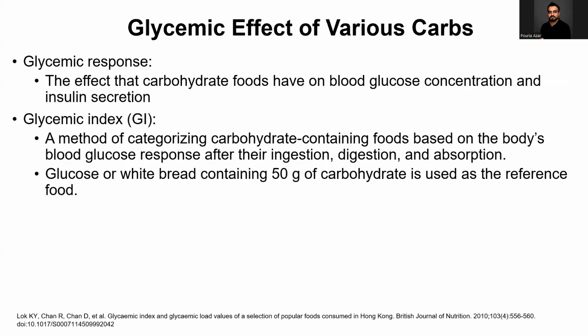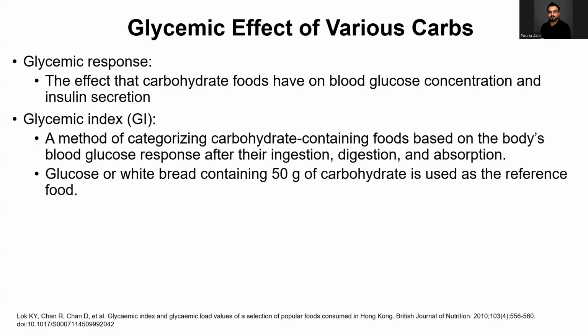There was a table on monosaccharides, and we had glycemic index for different monosaccharides. I said I will explain it later. So here it is. Glycemic index is a method of categorizing carbohydrate-containing foods based on the body's blood glucose response after their ingestion, digestion, and absorption.